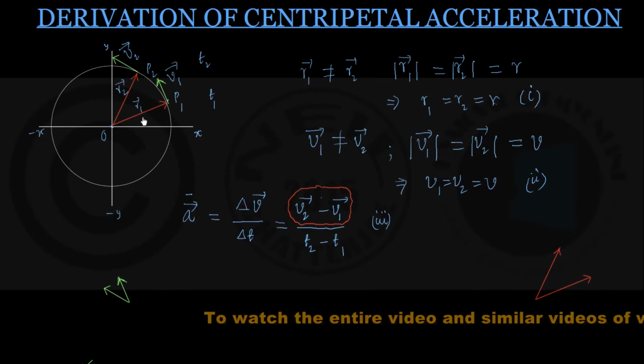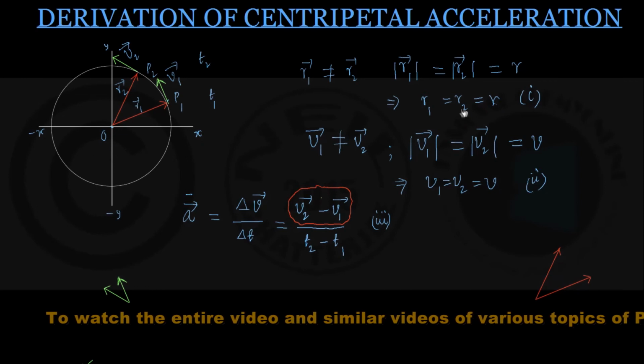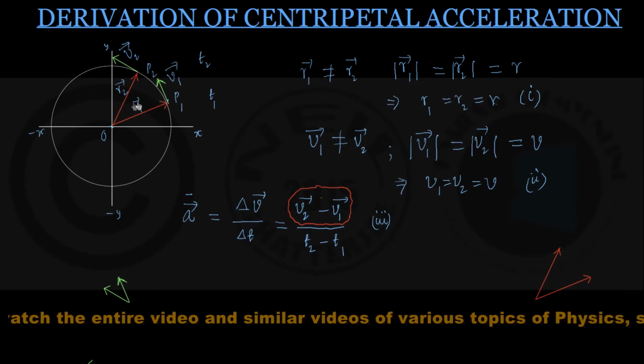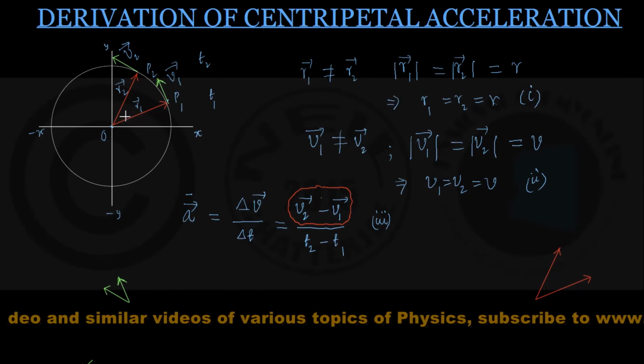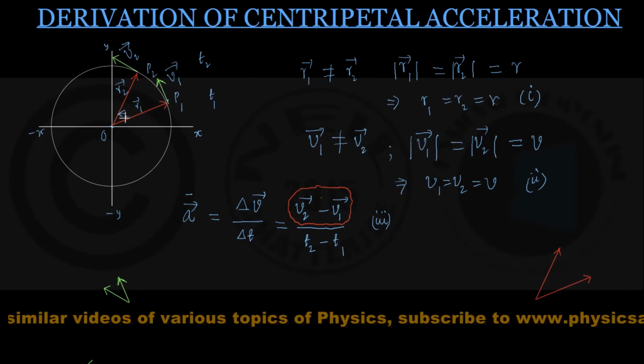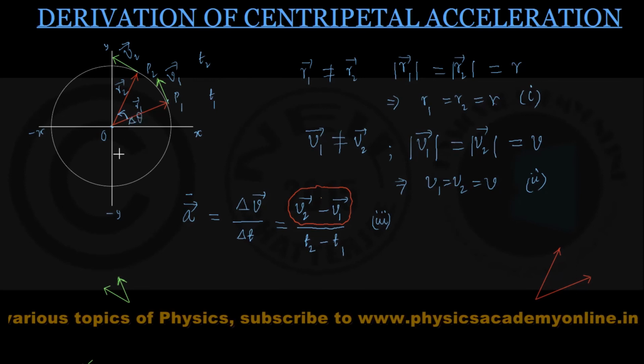Similarly, r1 and r2 vectors, these arrows have the same length because they have the same magnitude, only direction is variable. Suppose I say the angle between r1 and r2, these position vectors, is delta theta. That is the angular displacement of the particle as it travels from P1 to P2.